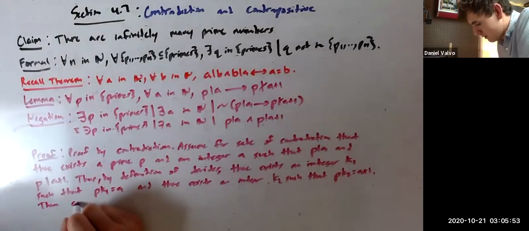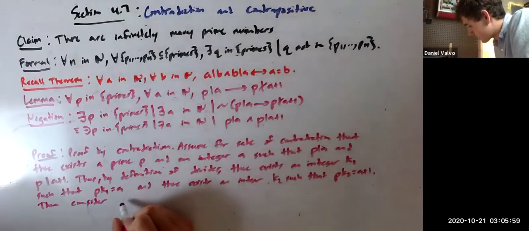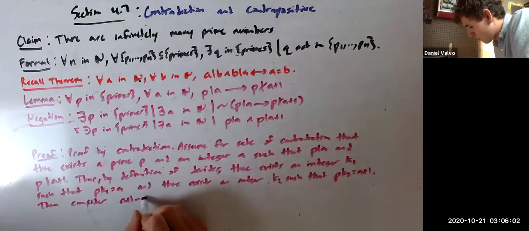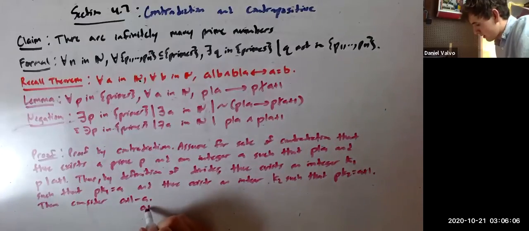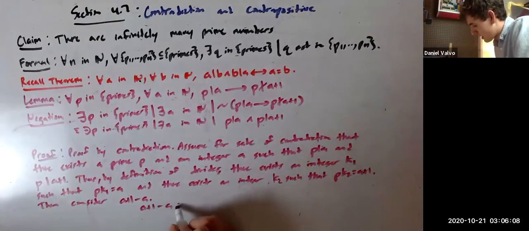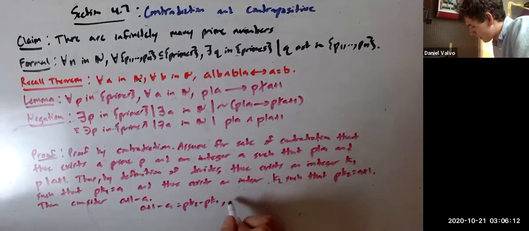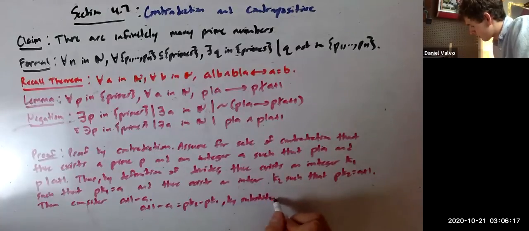Then consider the difference. Consider A plus 1 minus A. A plus 1 minus A equals pk2 minus pk1 by substitution.